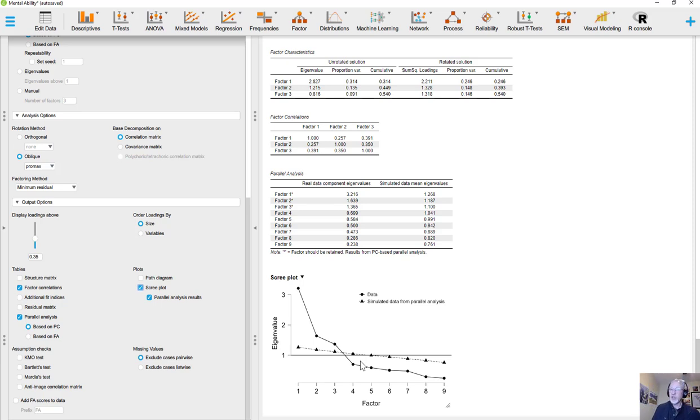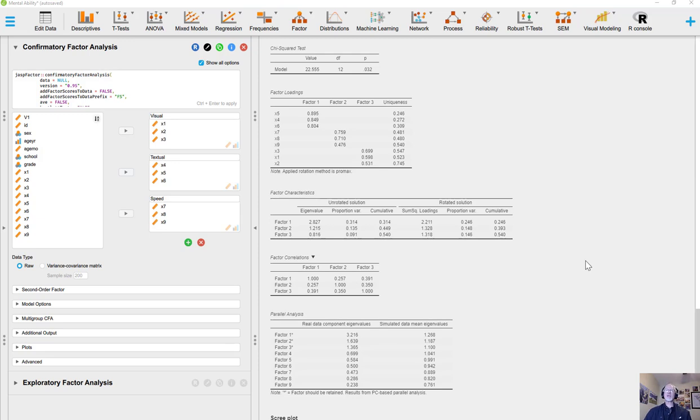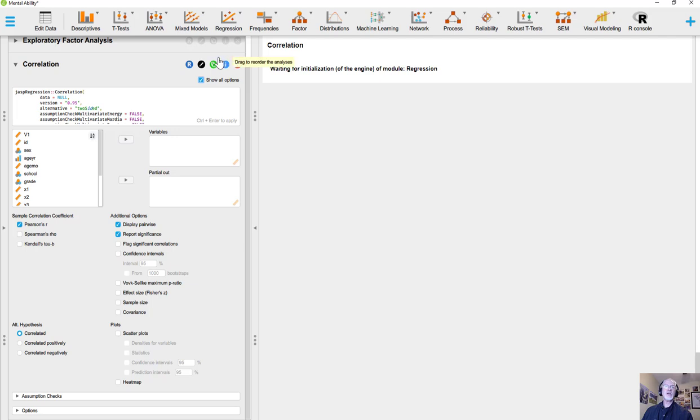Okay, so to understand how this analysis works, what I want to do is to go back to the underlying correlational structure, because this analysis is all about reproducing the correlational structure. To do that, I'm going to go to regression, just so I can go underneath regression to correlation.